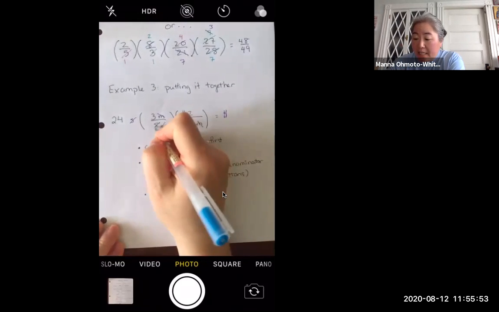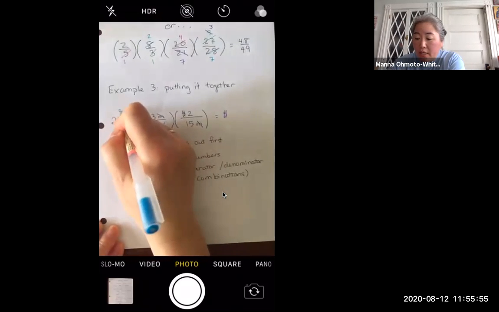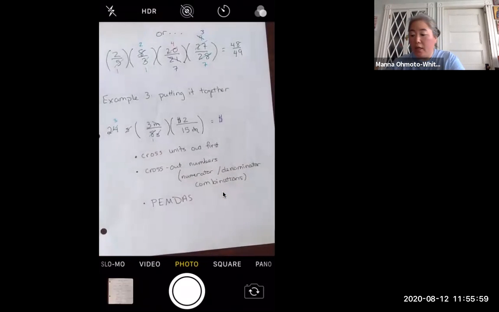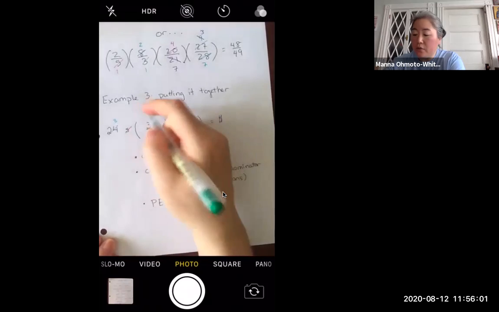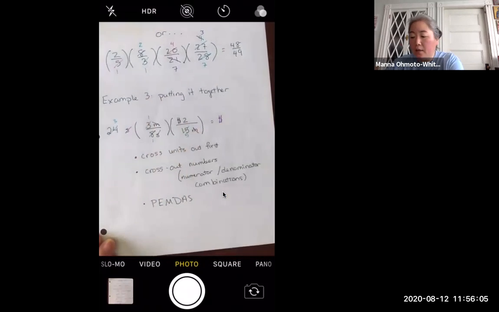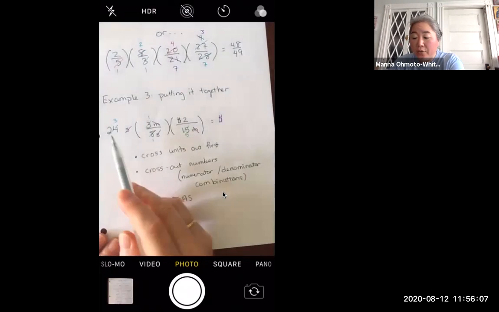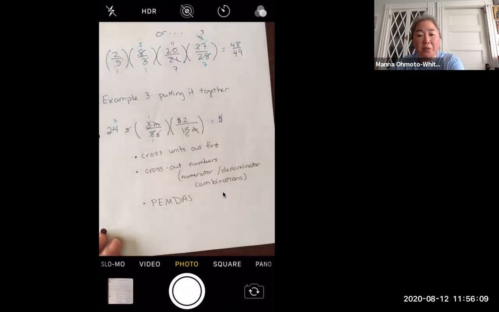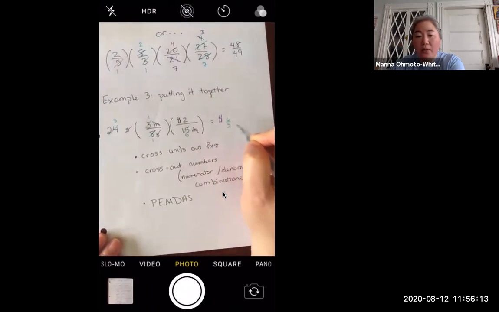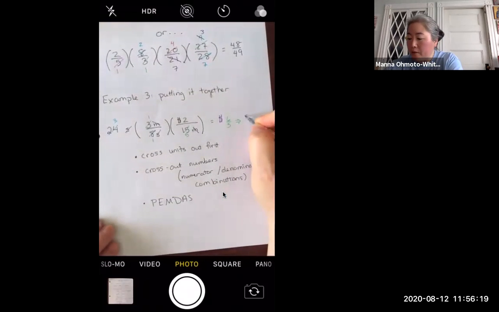So 8 goes into 24 3 times, and 3 goes into 15 5 times. Nothing else can cross out, but now 3 times 2 over 5 is much easier to deal with. So I have 6/5, but remember that we can't have anything be a fraction in science. It's got to be converted to a decimal. So that will be $1.20.